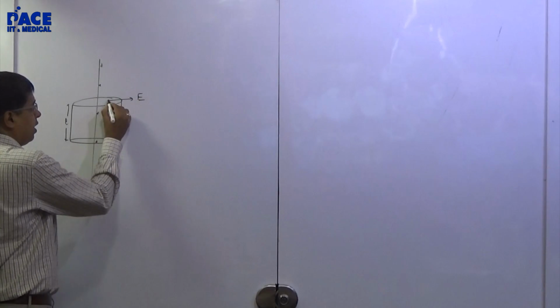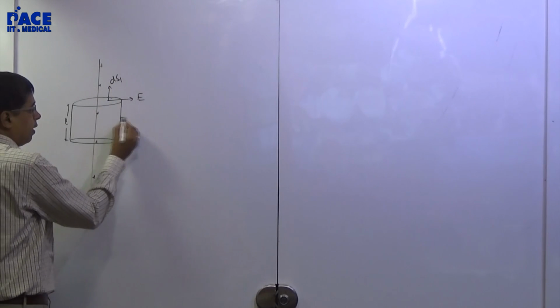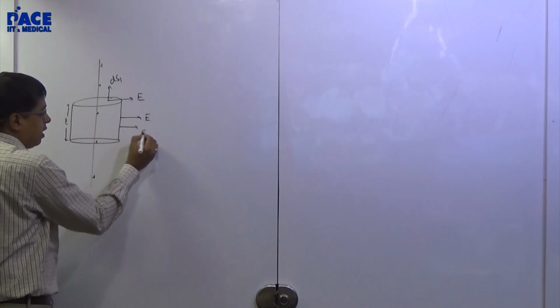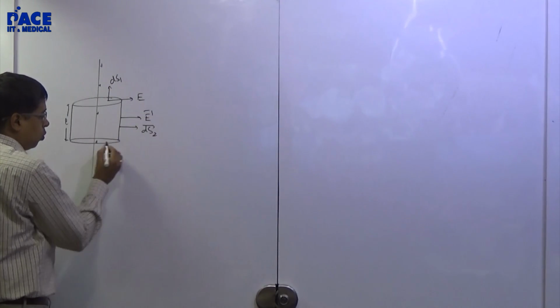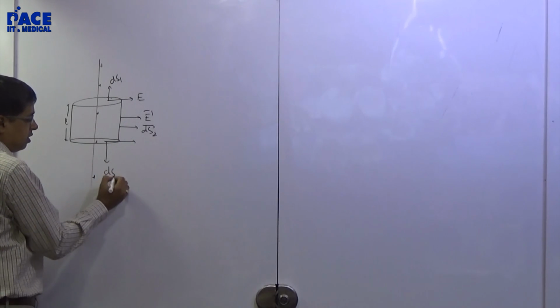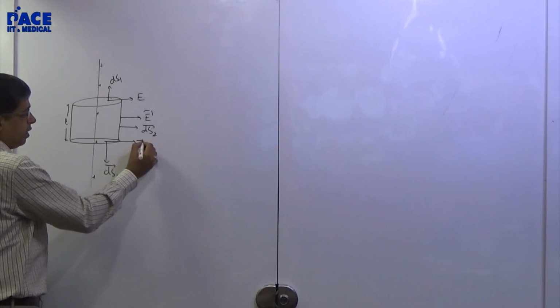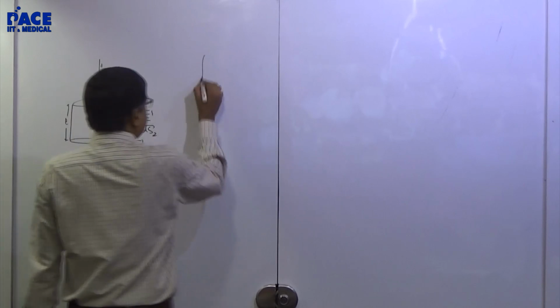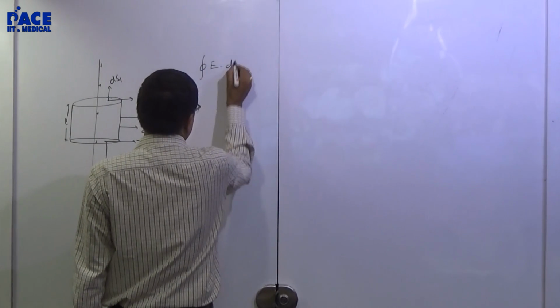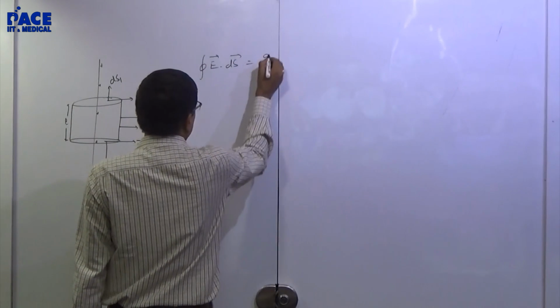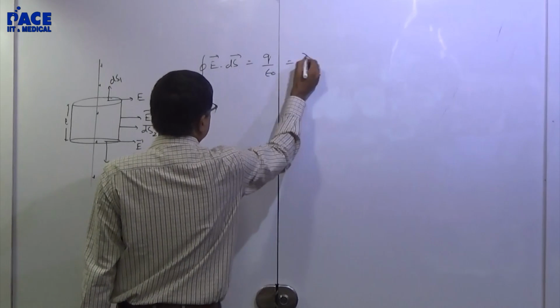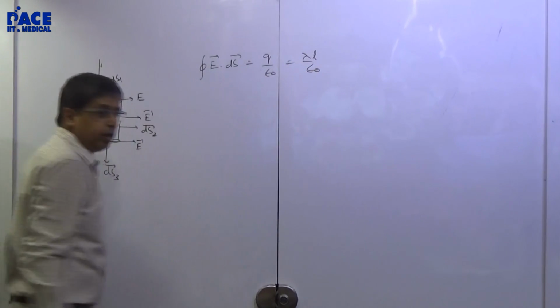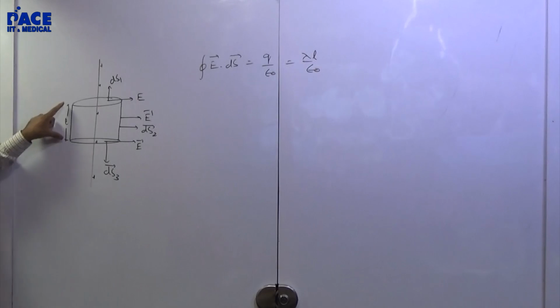This will be E, this will be ds1, this will be E, this will be ds2, this will be E and this will be ds3. Agreed? So closed integral E dot ds should be equal to Q by epsilon naught. Lambda is the charge per unit length.